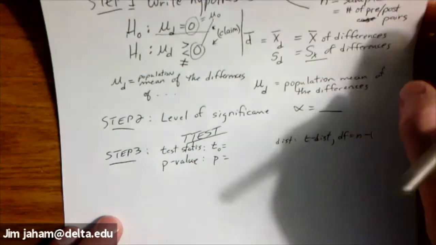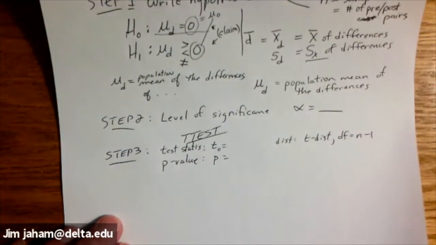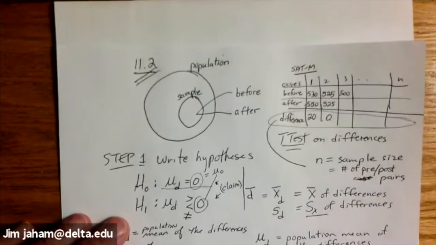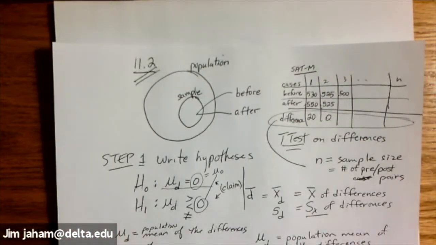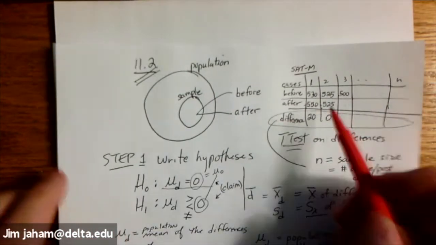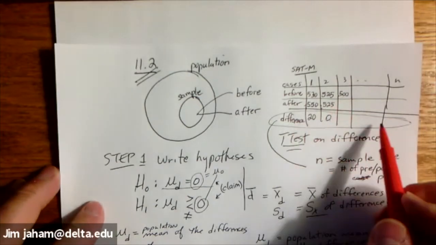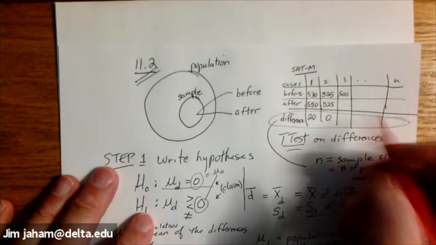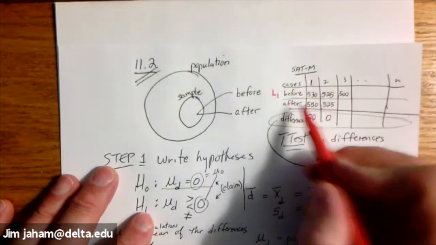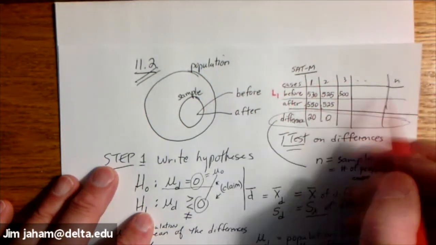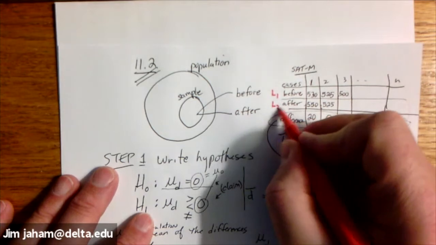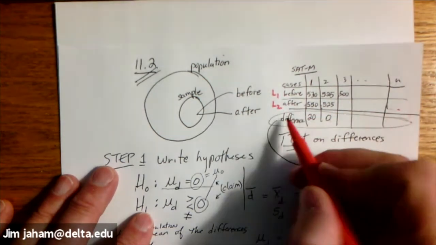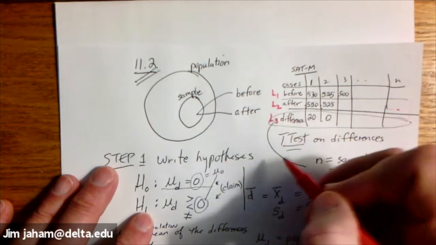Okay, usually in tests like this, there is a slight change to running this function. Usually you're going to be given the data values in a table like this, and then you're going to have to calculate the differences. And so the way that we're going to do this with the graphing calculator is we're going to put all of the before measures in L1, and we're going to put all the after measures in L2, and then the differences we're going to put in L3.